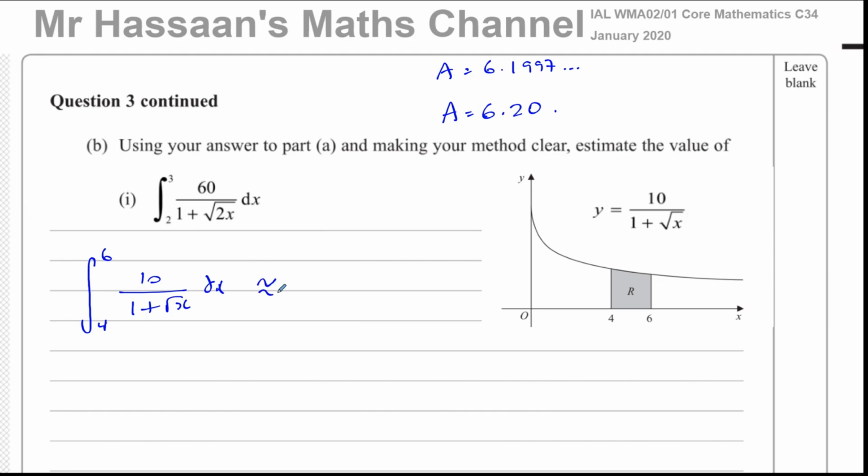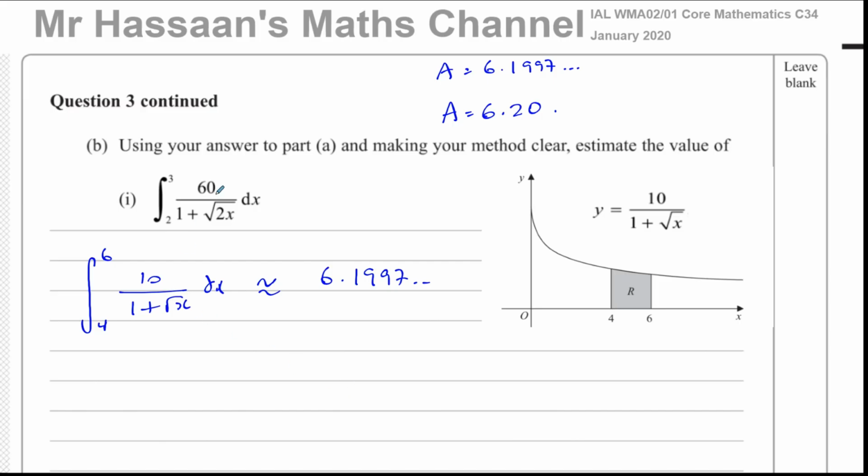We found an approximate value for that as 6.1997, which rounded to 6.20. I'll leave that. This is a more exact value. That's fine. If you wrote 6.20, that would be perfectly acceptable as well. Now we have to try to figure out how we can use this answer here to get an approximate value of this integral.